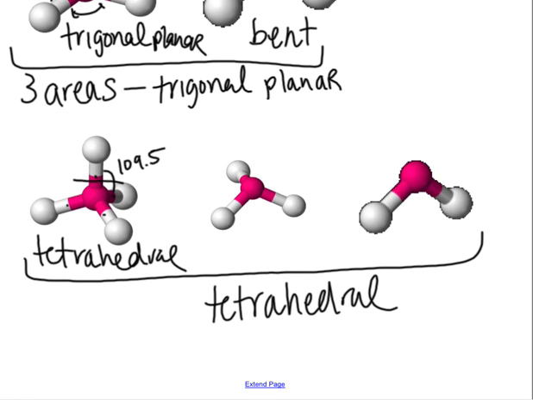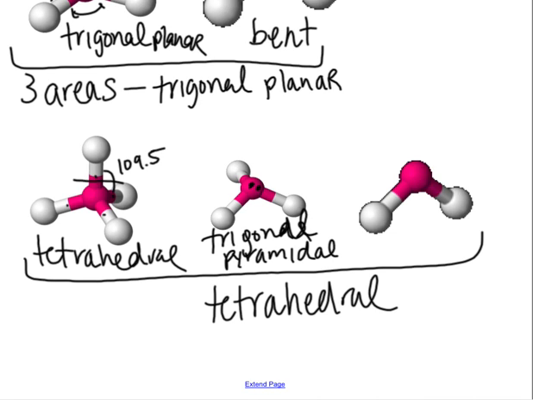This lone pair up here that's been created is repelling those other bonds. So this is a pyramid that has a triangle base. So we call it trigonal pyramidal.